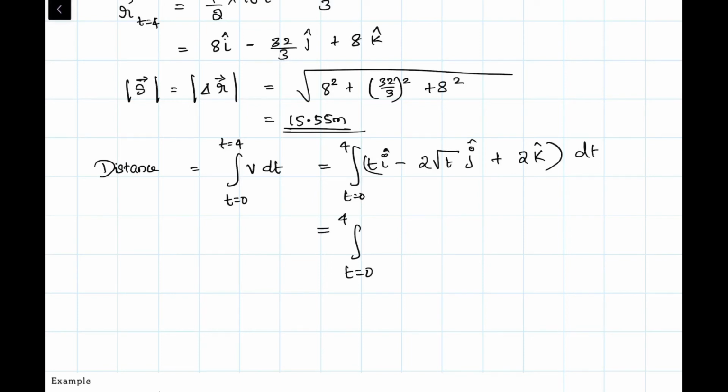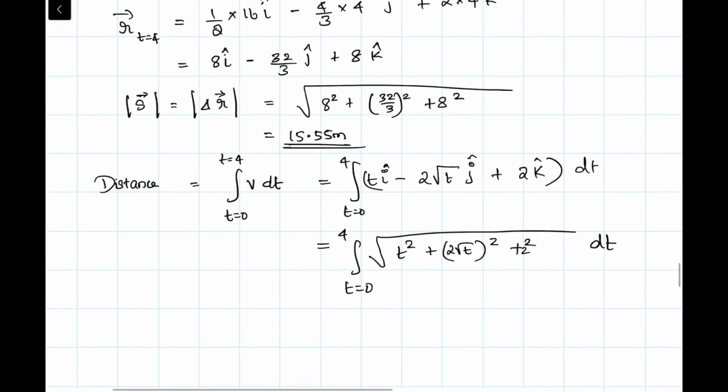How will you take the magnitude of this quantity? It is the root of a square t square, plus 2 root t square, plus 2 square, plus 2 square dt. Since distance is a scalar quantity, that's how we do it.